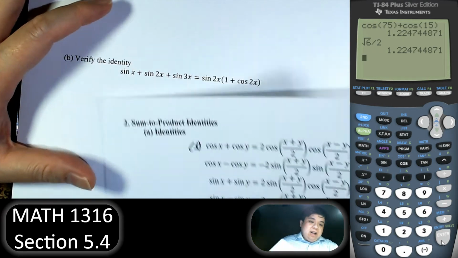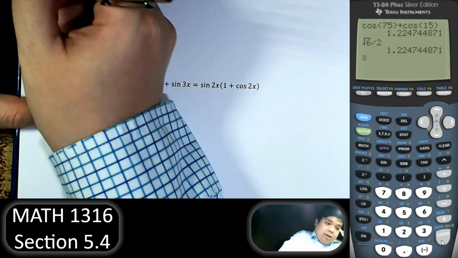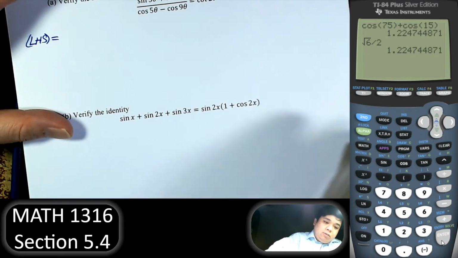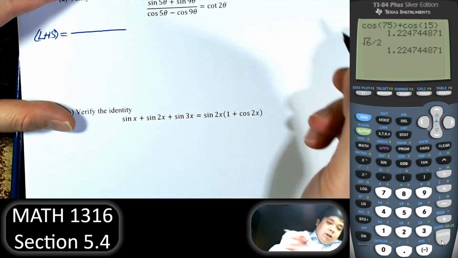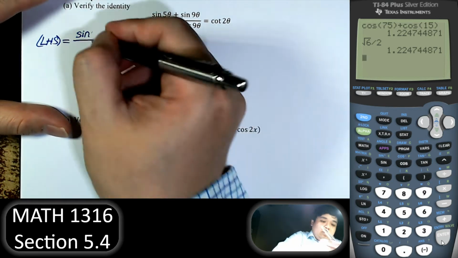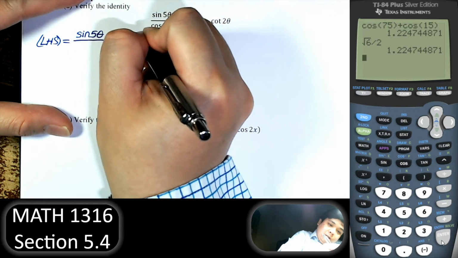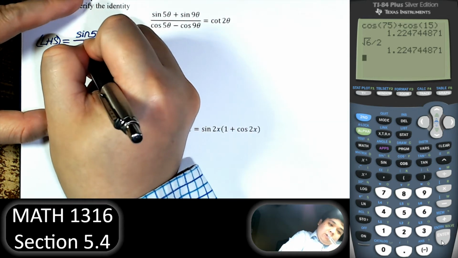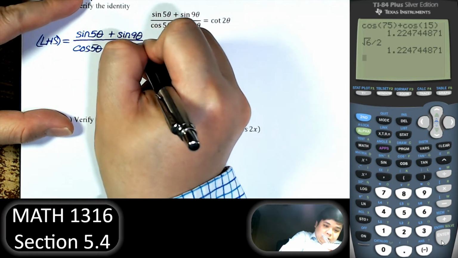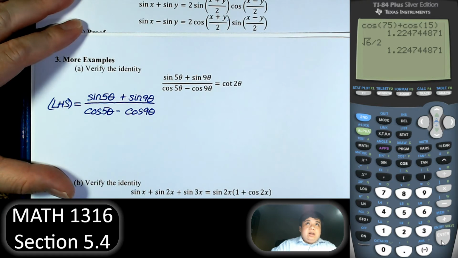Next, let's verify the identities. So let's try to work from the left hand side to see if it is equal to the right hand side. So we start with the left hand side. Of course, we use the sum to products identities.